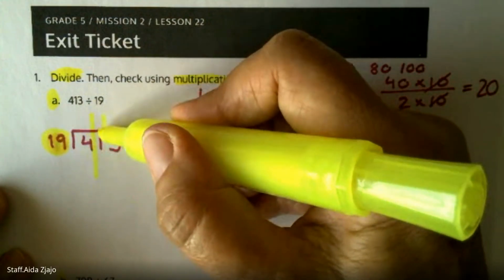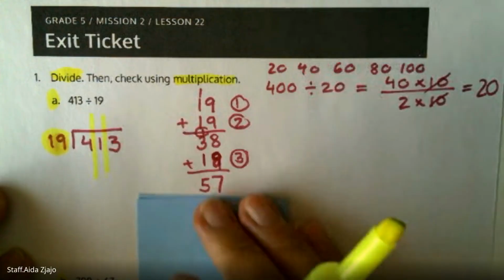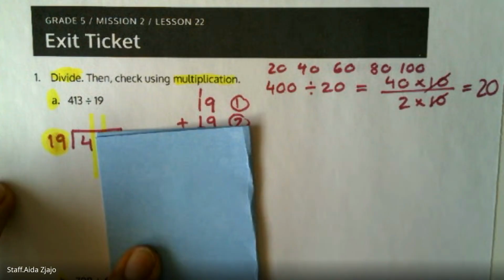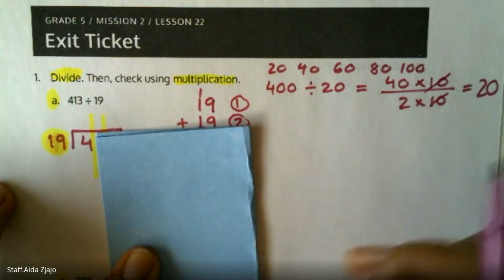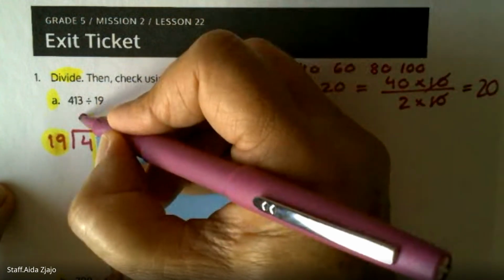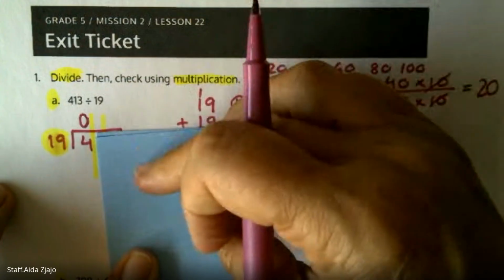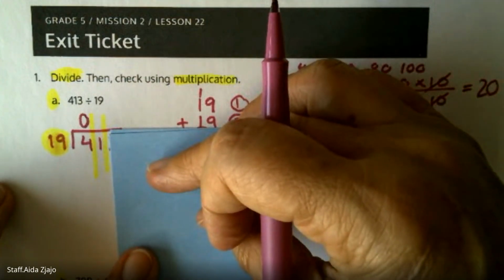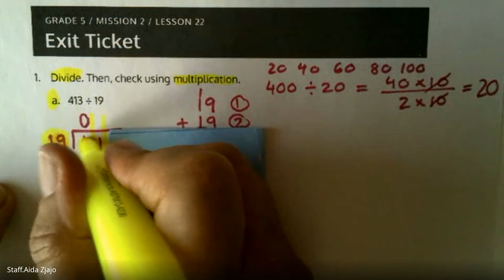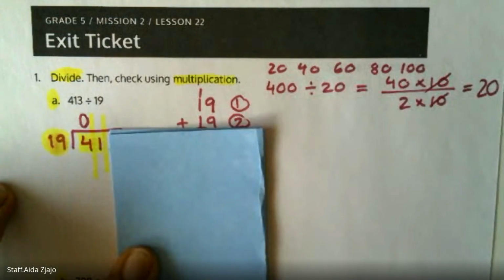Okay, so if you think just about 4, can you make groups of 19 if you have 4? No, you can make 0 groups. Now I'm going to move my paper, and now I'm thinking, if I decompose 400 into tens, that would be 41 tens. That's logic.